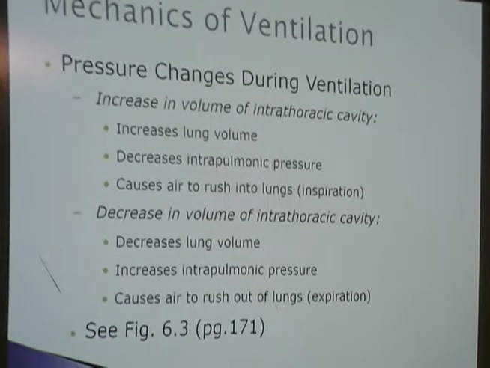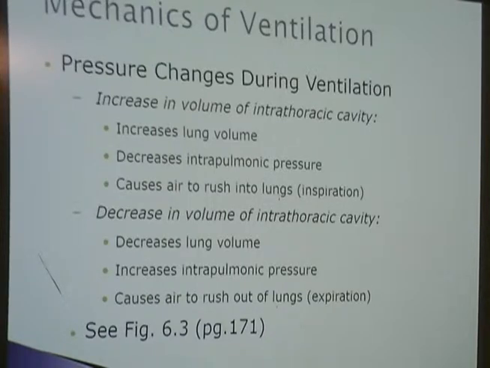So, how do we breathe? What is actually going on when we breathe? So, the mechanism, the cause for the breathing is the pressure change. This is why hopefully you got the high-low pressure gradient last week. You've got to have a pressure gradient for liquids or gases to move from one place to another.